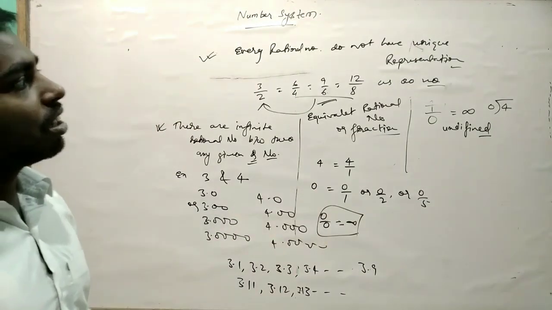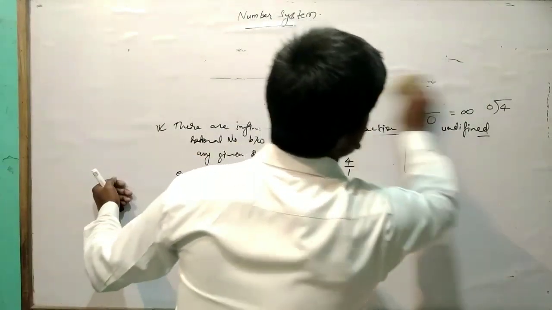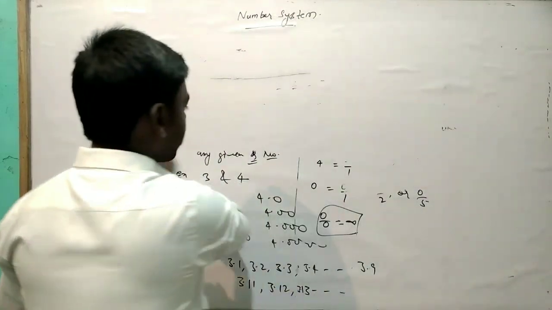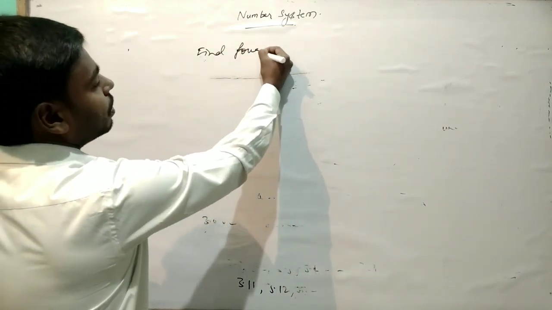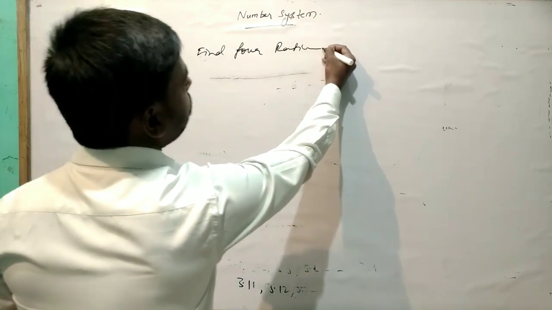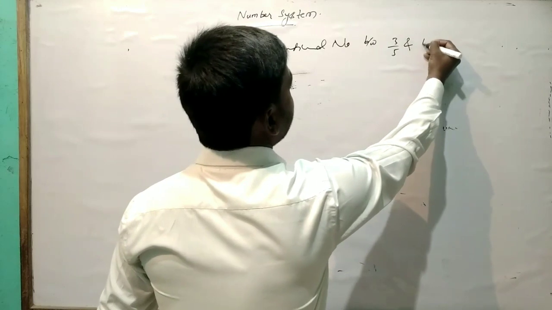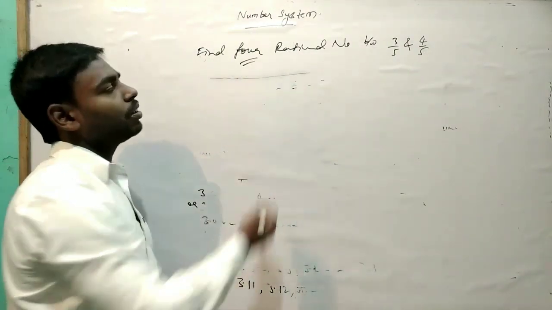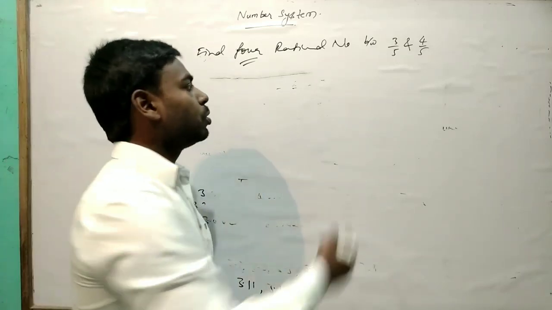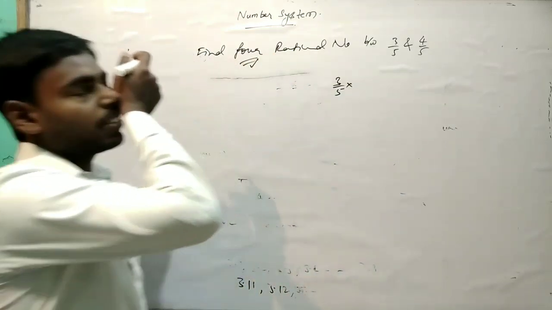Okay, we see some examples. Find 4 rational numbers between 3 by 5 and 4 by 5. We have to find how many? 4 rational numbers. So the first step is, how many rational numbers do we have to find? 4.